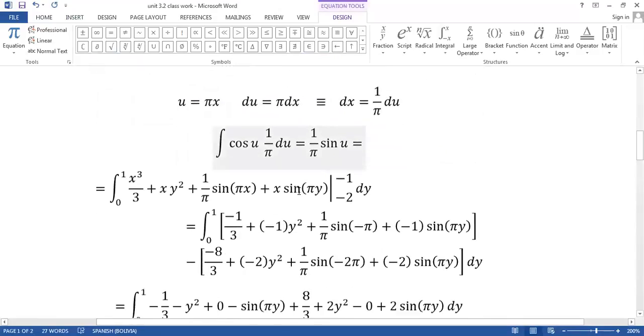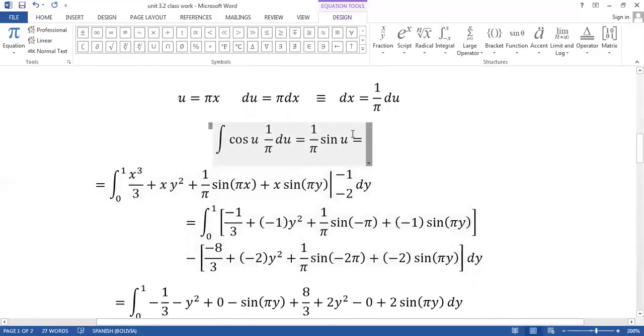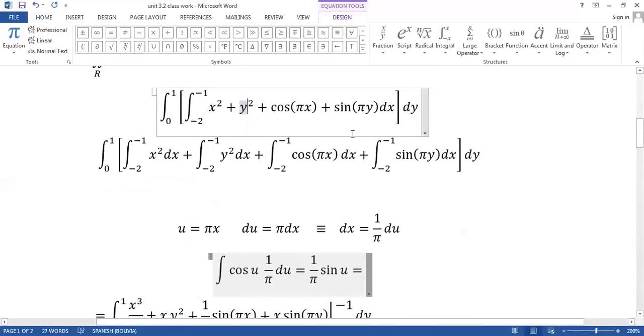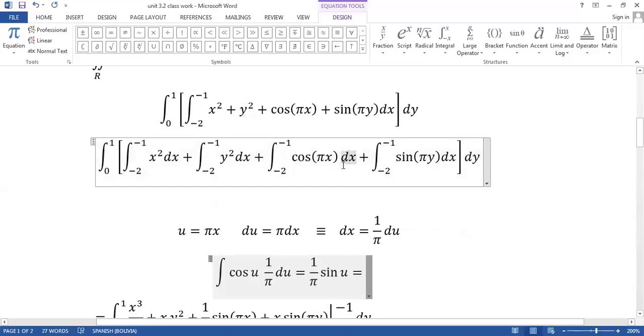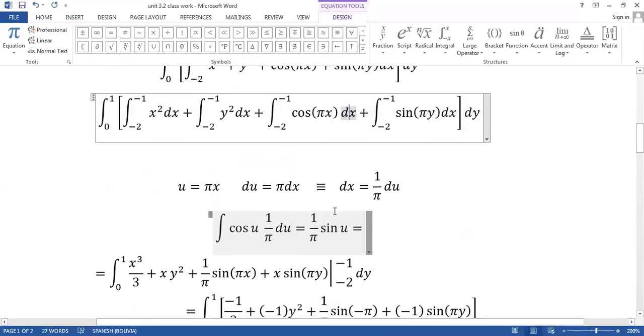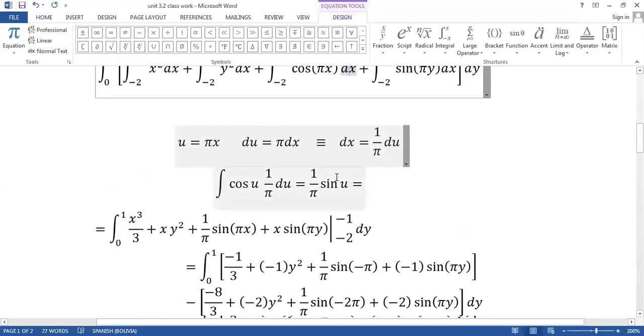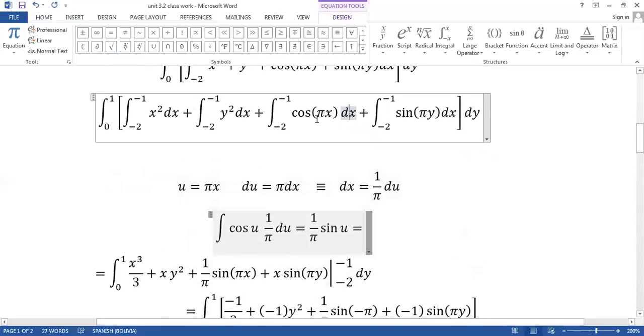Your question was why I never put, oh gosh, I don't remember what your question was. No, sir, you put it in because you were saying that there was an assumed dx after the cos pi x. Right. So I put in my u here. Remember I did a u substitution here.